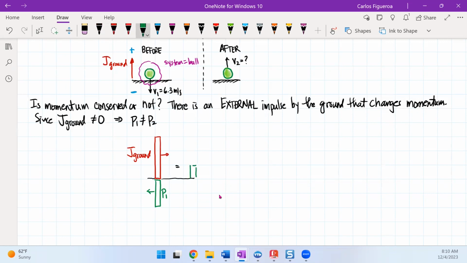So if I compare the momentum before and afterwards, not only do they have different directions, but they also have different sizes.